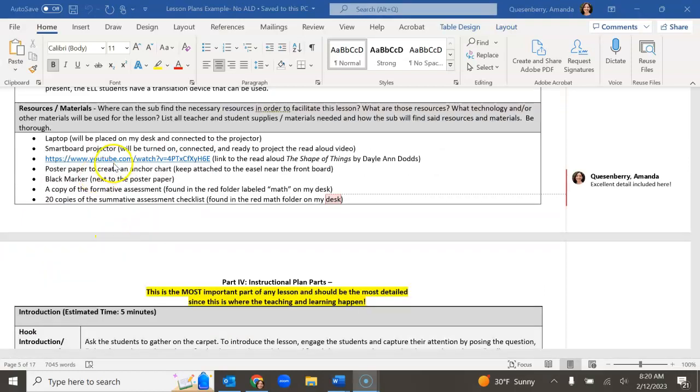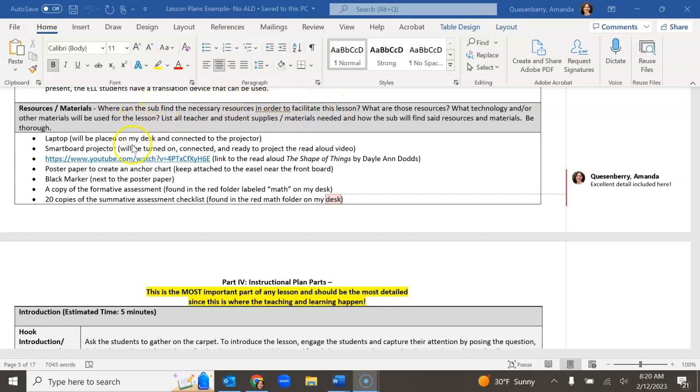All right, so the last part in the knowledge or understanding of students is the resources and materials. So this is going to be where you'll include details related to all of the different things that a person would need to teach this lesson. You'll see here that it says, where can the sub find necessary resources in order to facilitate this lesson?